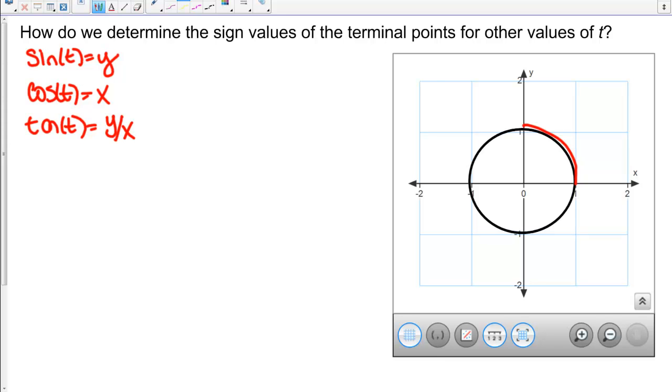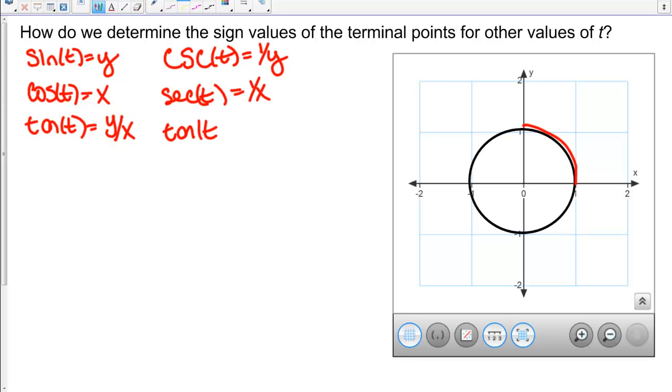We know that cosecant of t is 1 over y. Secant of t is 1 over x. And cotangent of t is x over y. So we know that these two are always going to have the same sign.